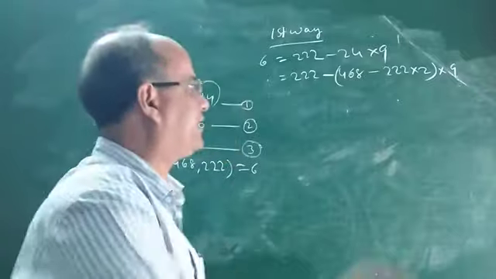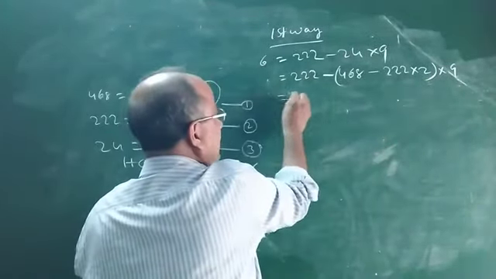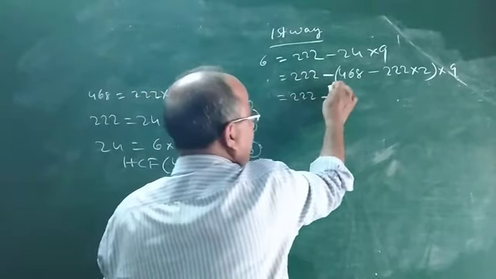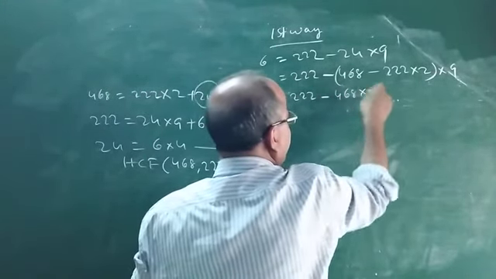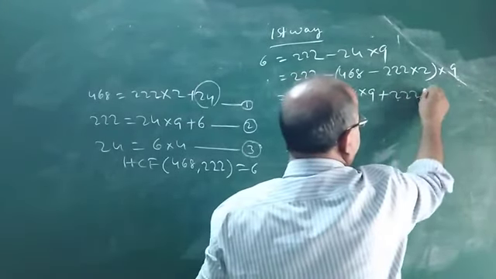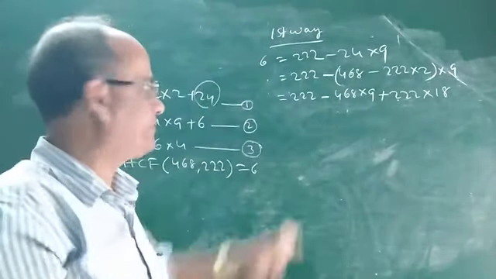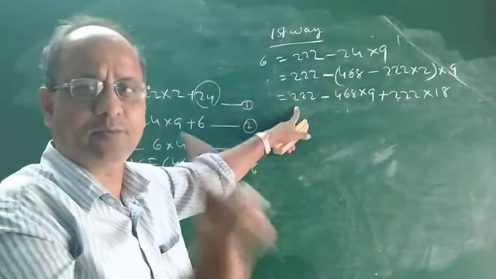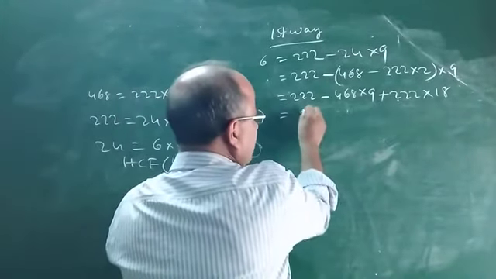Then what is the next step? The next step is you remove the bracket. So how will you remove? 222 minus, you multiply, it is minus 468 into 9, minus minus is plus, then 222 into 18. Then what is the next step? Here it is 222, which means 222 into 1. So we can take 222 common.